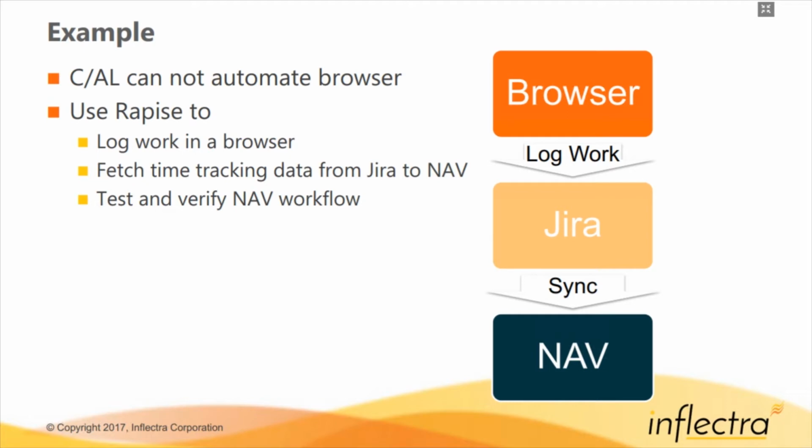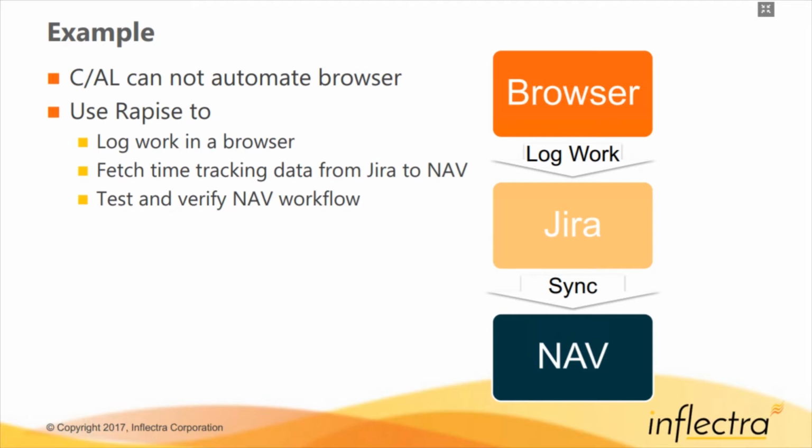Rapise is capable of cross-browser testing, so you can open a browser, simulate user behavior and enter required information into the system. Then Rapise can work with Dynamics NAV and also initiate synchronization with the Jira database and sales order creation.